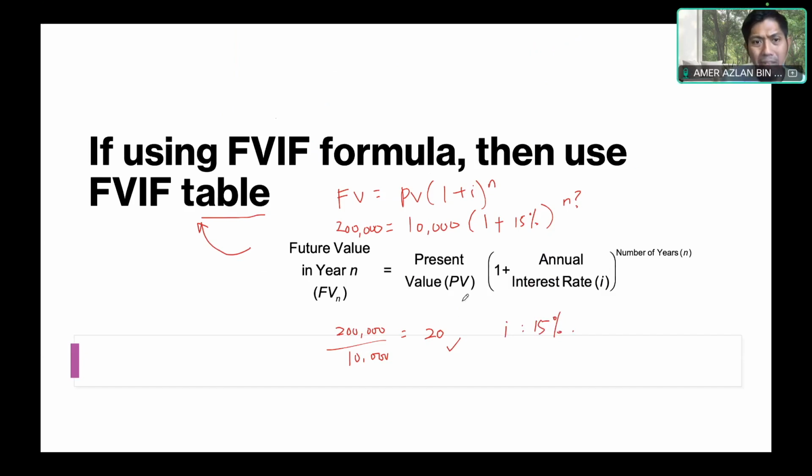The next step is to refer to the time value of money table. So again, if we use the future value formula, we have to refer to the future value table. What is the table?